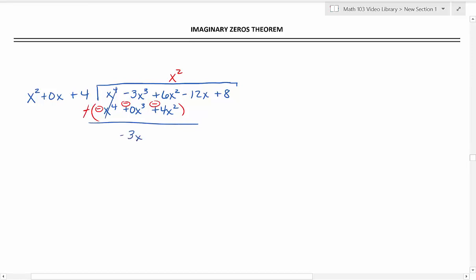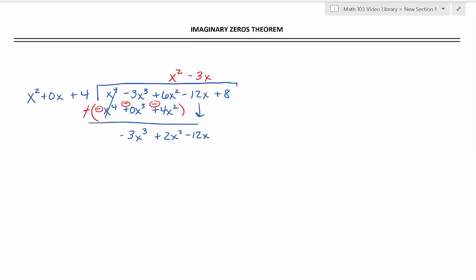Gives us negative 3x to the 3rd plus 2x squared minus 12x. Let's divide again. X squared goes into negative 3x to the 3rd, negative 3x times.